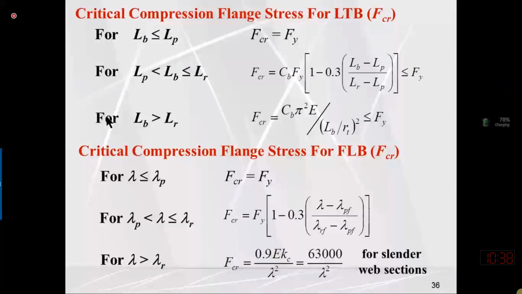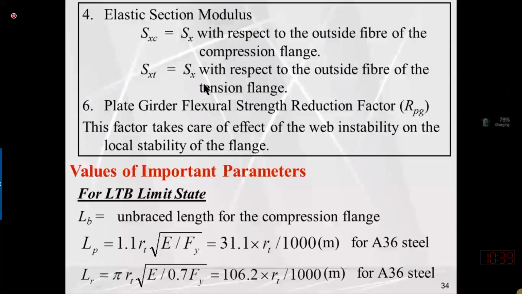So it means that for a plate girder we need to determine the LP and LR values ourselves. We have the expressions for them. LP is 1.1 times rT times the square root of E over Fy, and LR is pi times rT times the square root of E over 0.7Fy. For A36 steel, with E equal to 200 gigapascal or 200,000 megapascal, divided by 250, the LP value is equal to 31.1 times rT. This will be in millimeters.